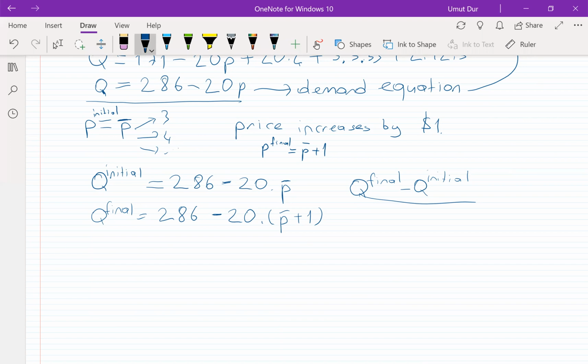Then Q final minus Q initial is equal to 286 minus 20 times P bar plus 1, this was the second equation, minus 286 minus 20 times P bar.